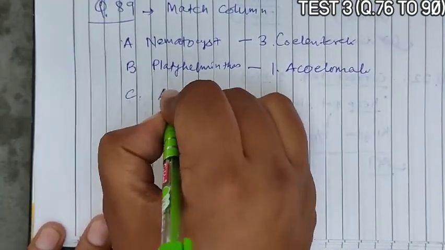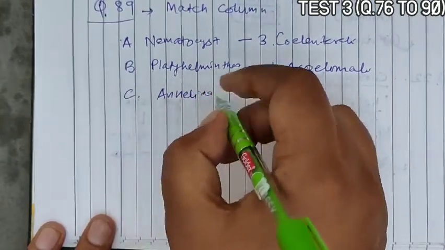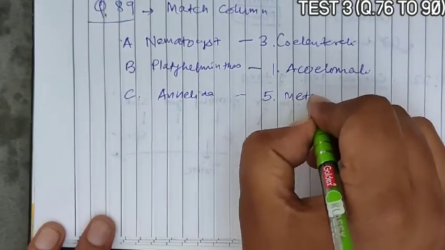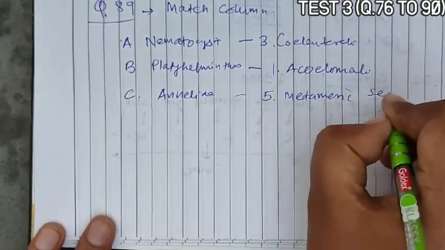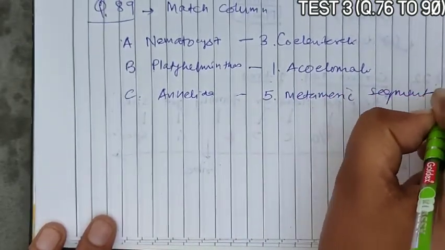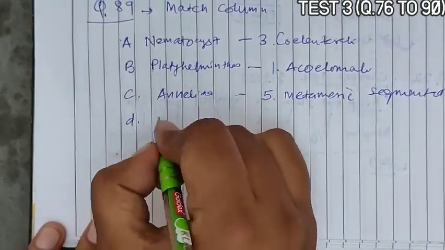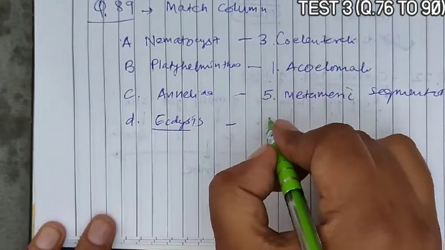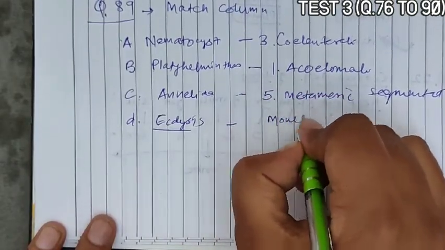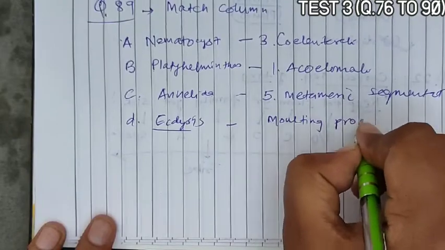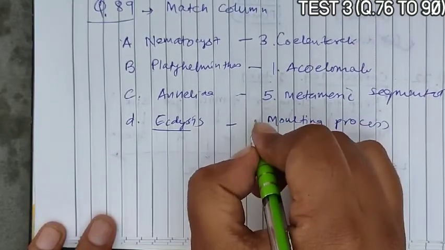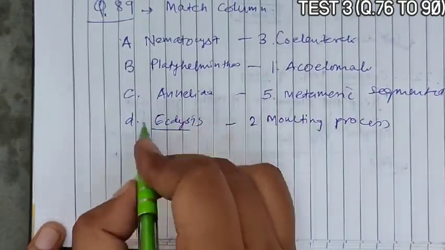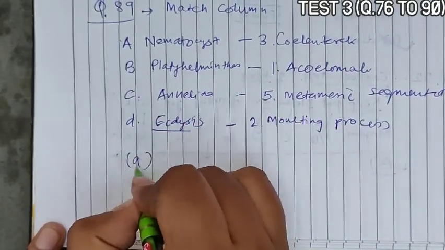C is Annelida, and Annelida have metameric segmentation, and D is ecdysis, that is the molting process in the larval stages, that is option 2. So if we match this with column 2, the correct answer becomes option A.